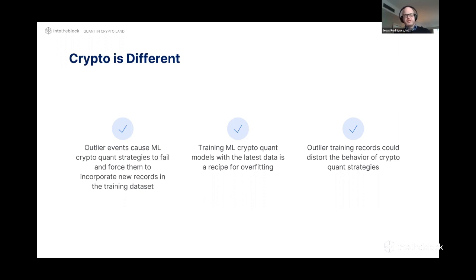The price drops 10% and the model has never seen that because it never has happened. Let's say that it drops 10, 20% in a few minutes. Then you have the challenge of, if you retrain the model immediately, you're prone to what is called overfitting, in which you're over-optimizing for that scenario and making predictions that are only valid while that pattern is there. But if you don't, then you're exposed to keep losing capital during that trade.